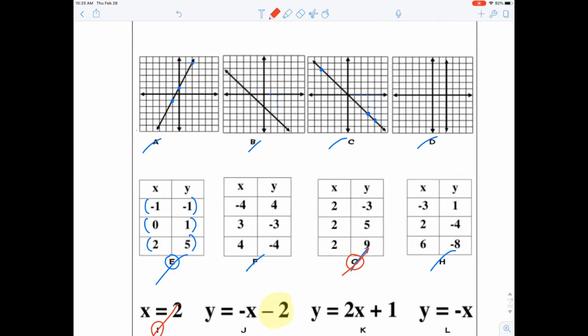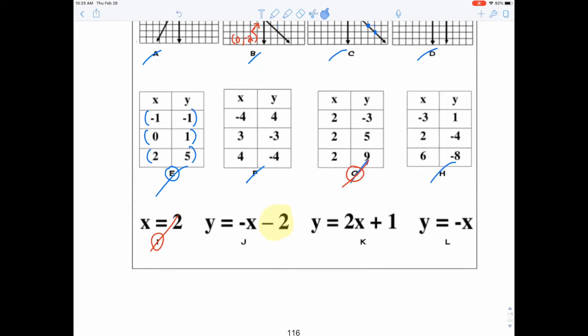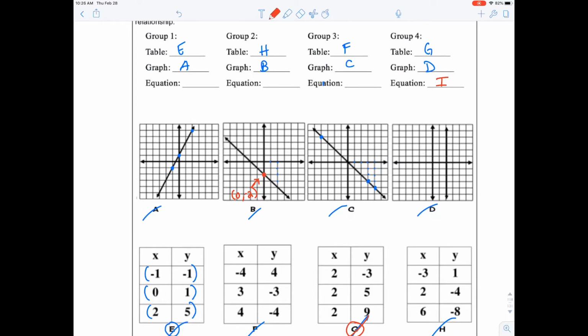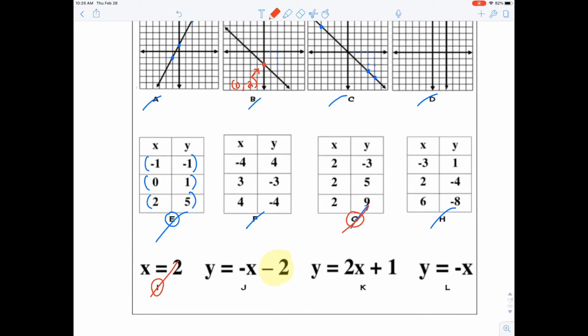Well, it looks like graph B, you guys see that? This point is 0, -2. That's the only one. Hey, there we go. So graph B matches with equation J. Let's fill that in. Graph B is in my group 2 here, and that's equation J. Boom, there we go. Excellent.